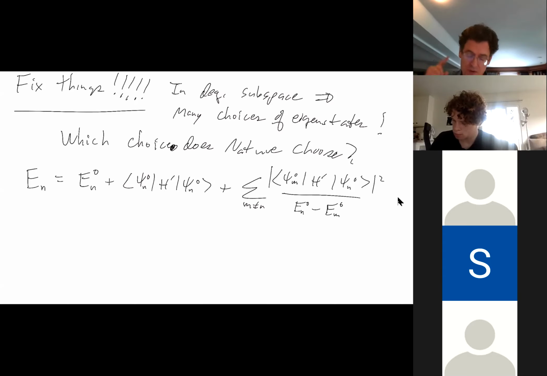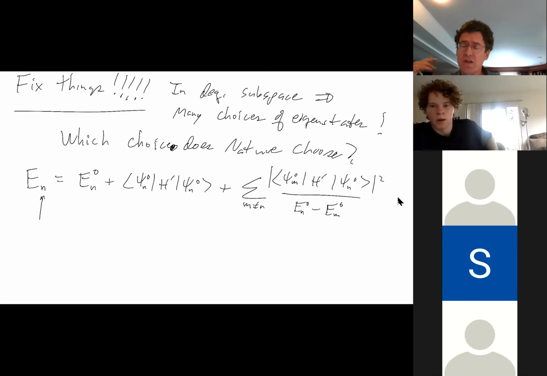So this is the formula for the energy of the nth state in the degenerate manifold.